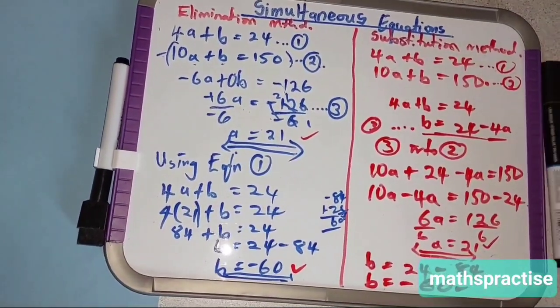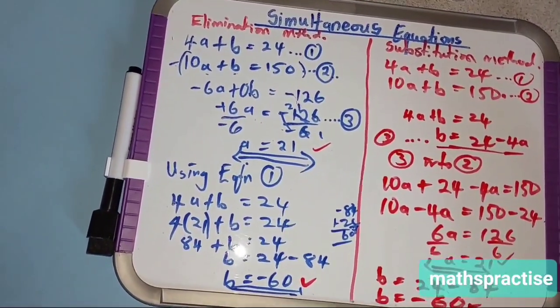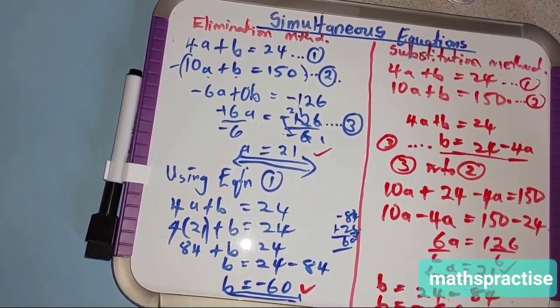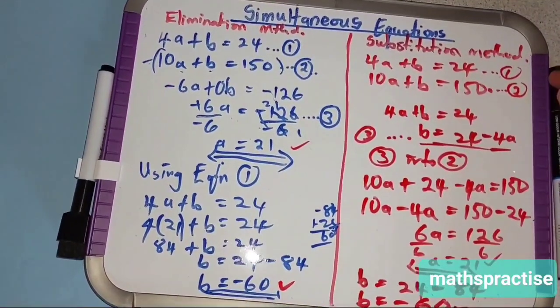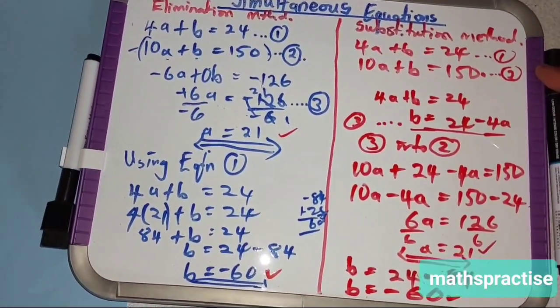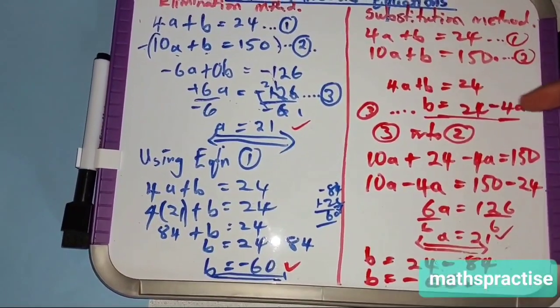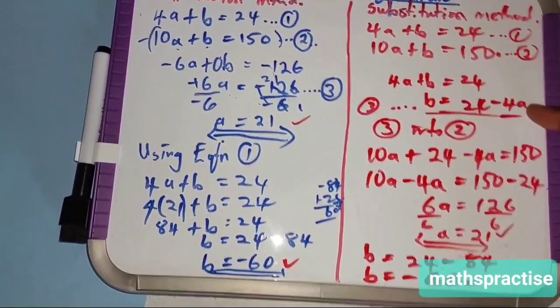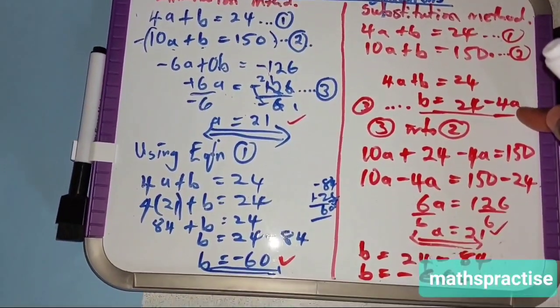So that's it, guys. The only difference, as you can see, is that in substitution you have to make one of the unknowns the subject from one of the two equations. You just choose any one equation, then make one of the unknowns the subject of the formula.